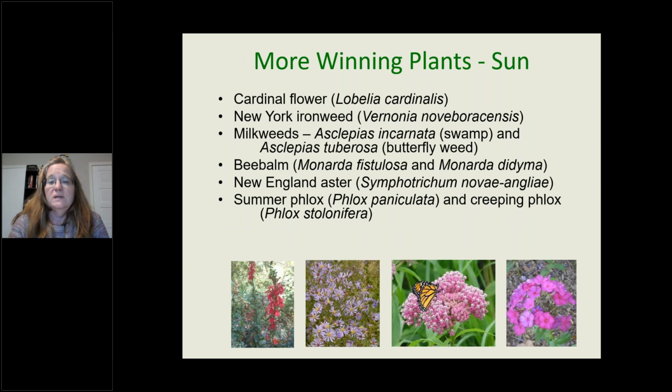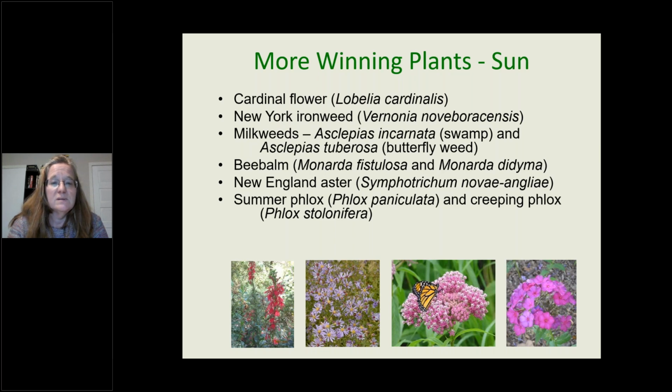If you have more of a sunny location that you're looking at for your rain garden, there's a lot of great options. Cardinal flower is a really lovely one, and that one does attract hummingbirds, so that can be nice entertainment when you're enjoying your rain garden.